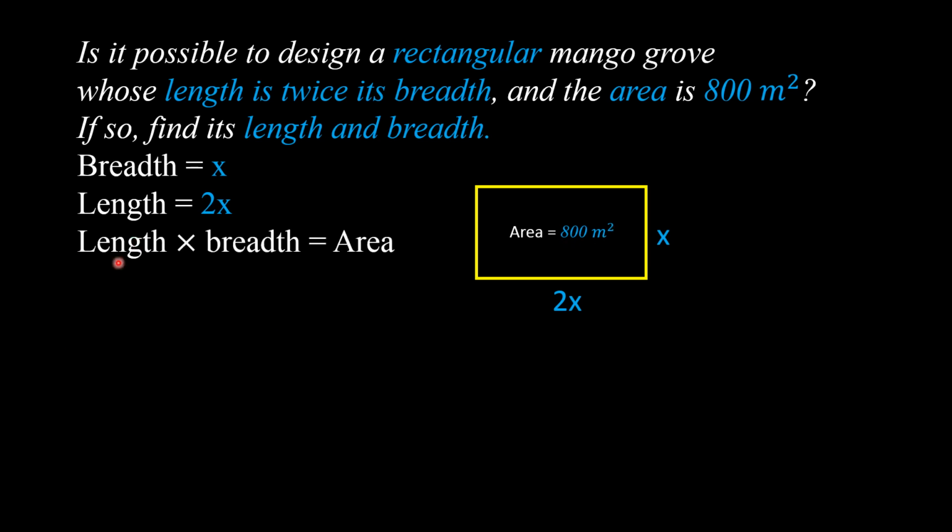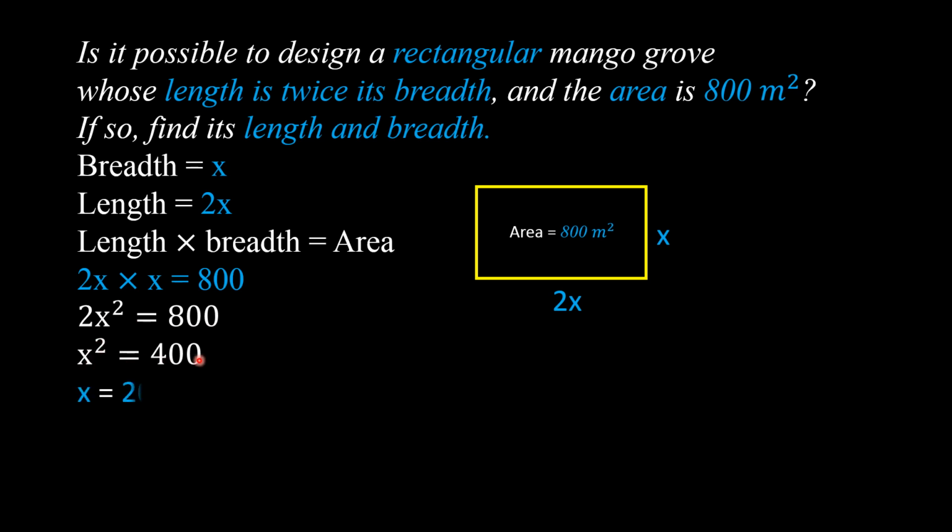We have length multiplied by breadth equals area. We will substitute the values. 2x multiplied by x equals 800. So it will be 2x squared equals 800. X squared equals 400. And x will be 20 units.